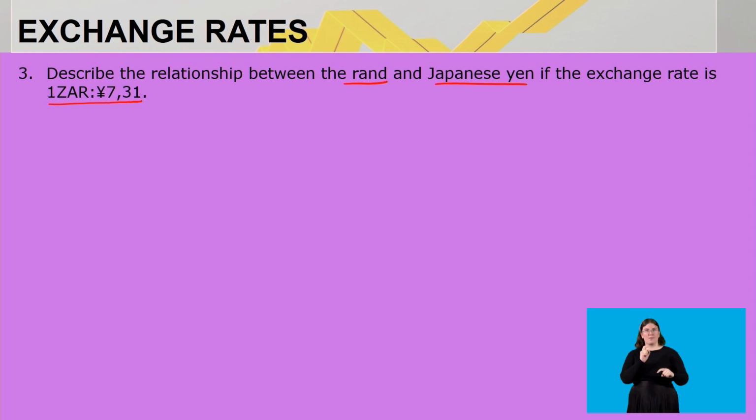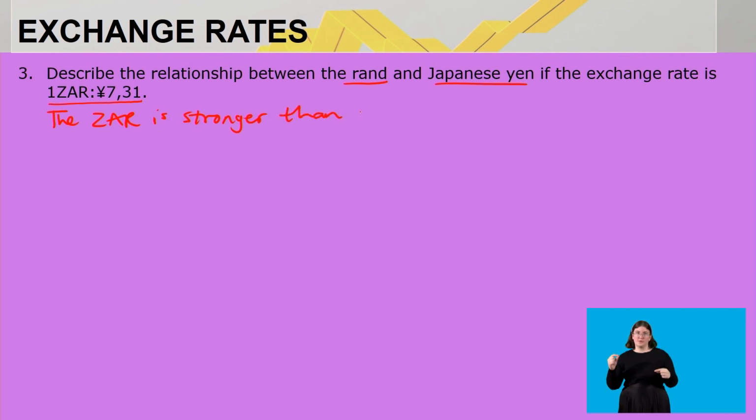It's worth more than the Japanese yen. So in this case, we can say then that the South African rand is stronger, worth more, right, is stronger than our Japanese yen.